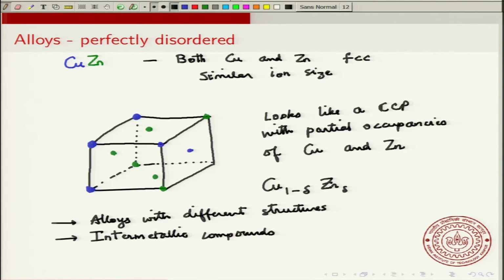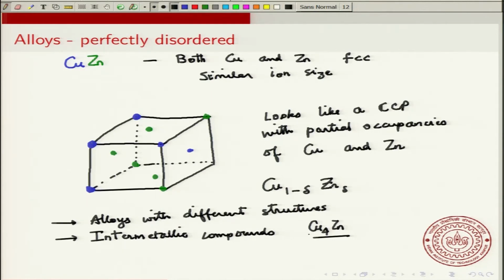What is meant by intermetallic compounds is, for example, you might get a Cu4Zn, and you might get some sort of repeating unit of this unit showing up in your structure. So, a large part of the structure might just be repeating units of some structures such as Cu4Zn, and it might not be a simple FCC in that case.